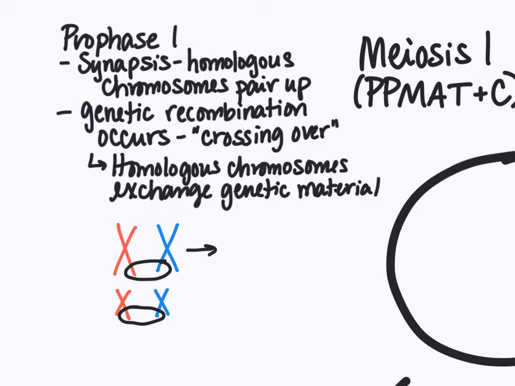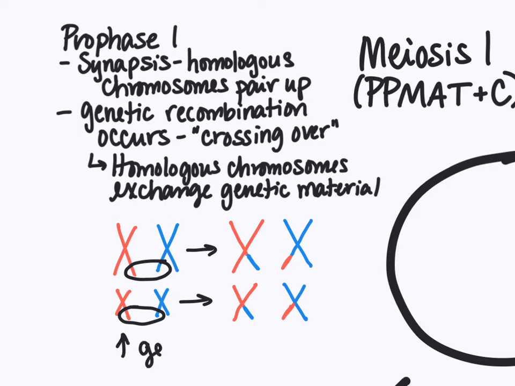So what we end up with are chromosomes that might look kind of like this. And recall that the purpose of this is to increase genetic diversity.